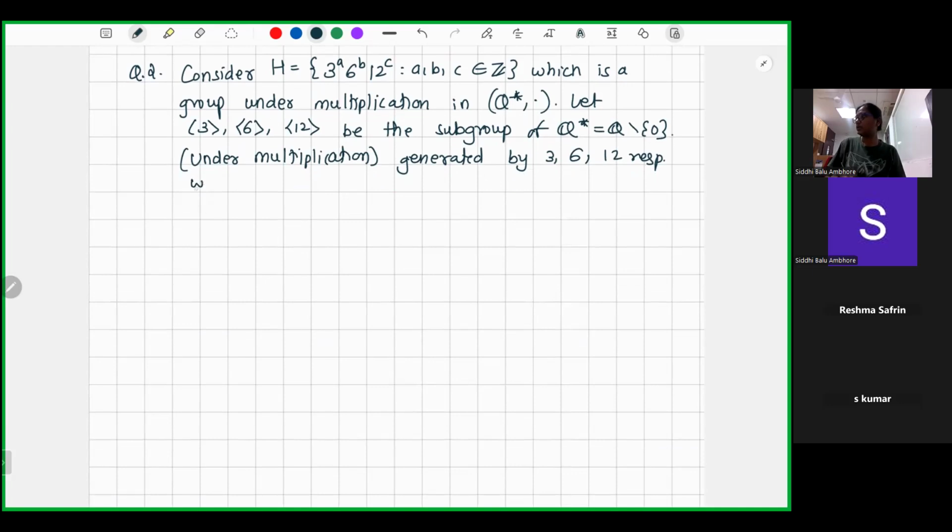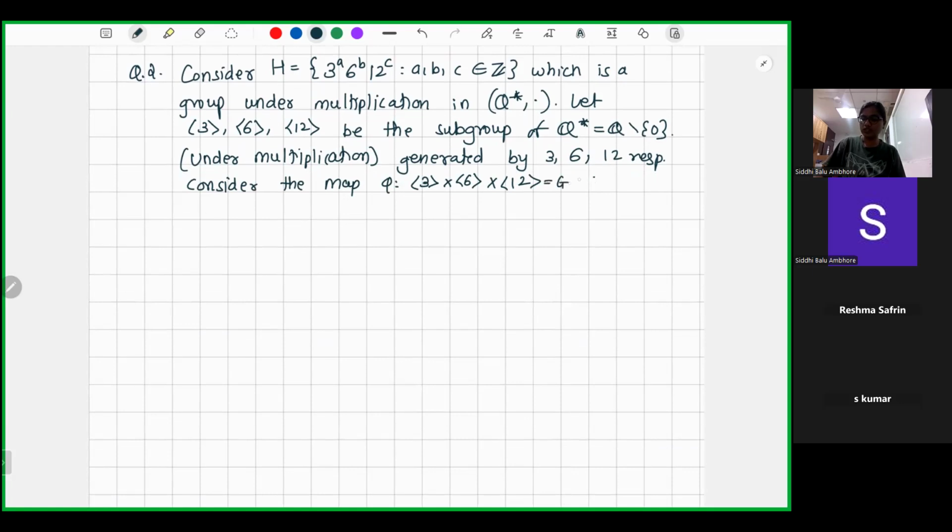Okay, and we now define a map. Now consider the map phi from 3 cross 6 cross 12, so this is a direct product.